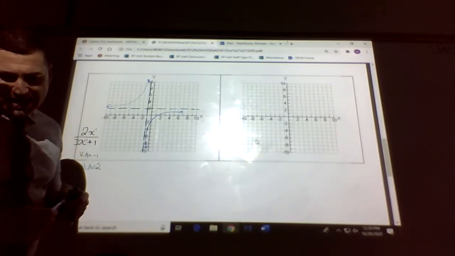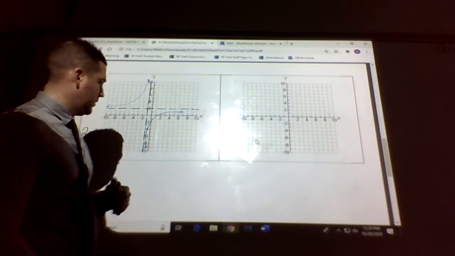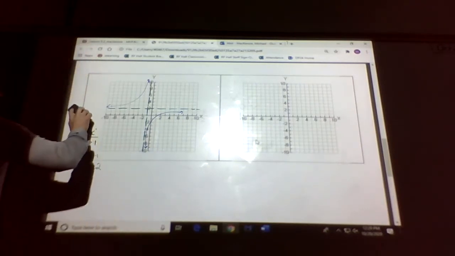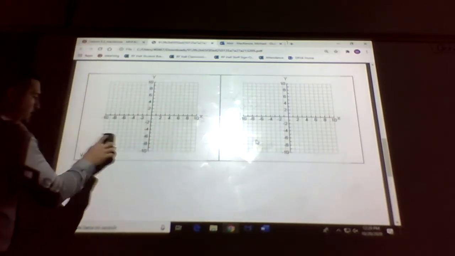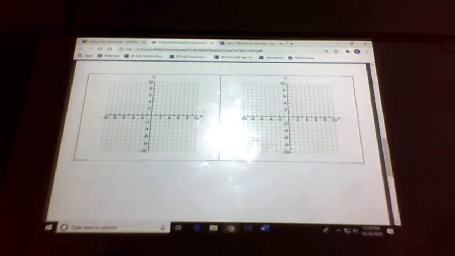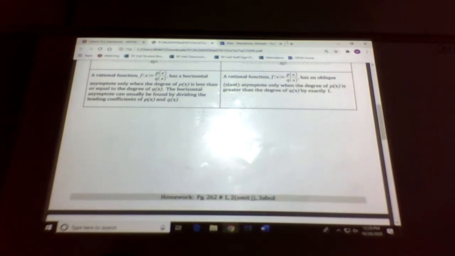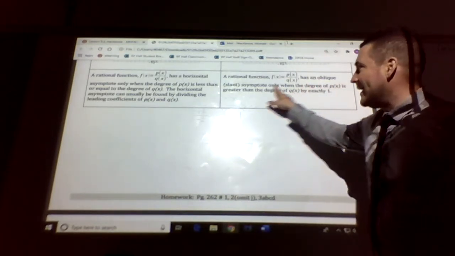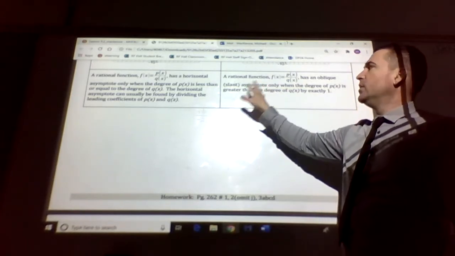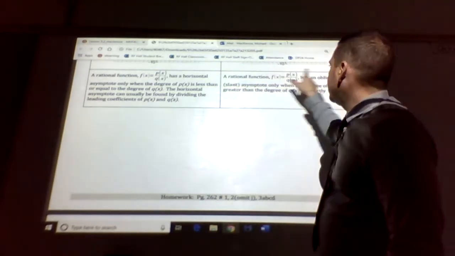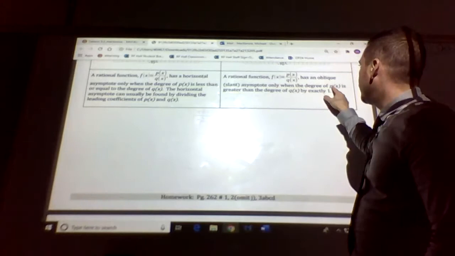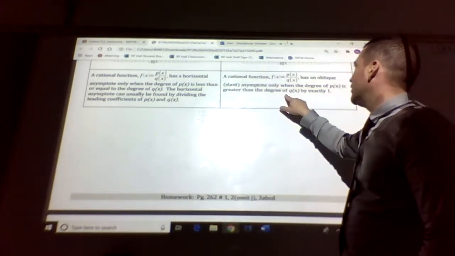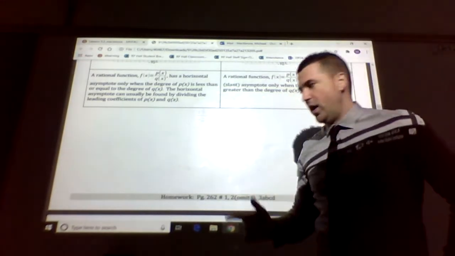And our last one. A rational function has an oblique asymptote, which is a slant asymptote, only when the degree of p(x) is greater than the degree of q(x) by exactly 1.